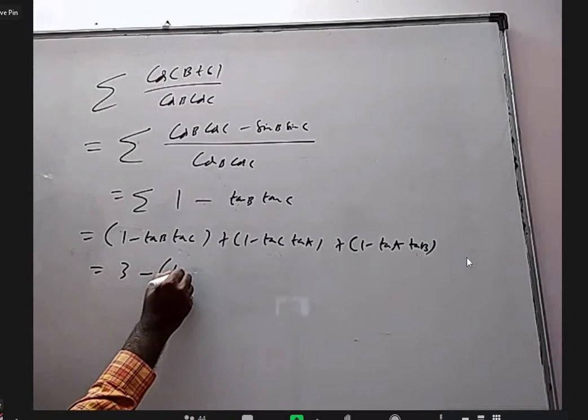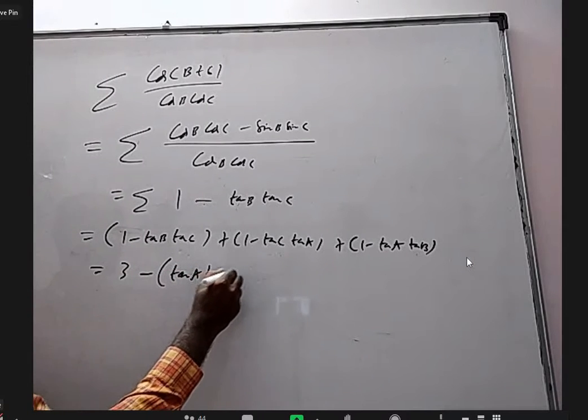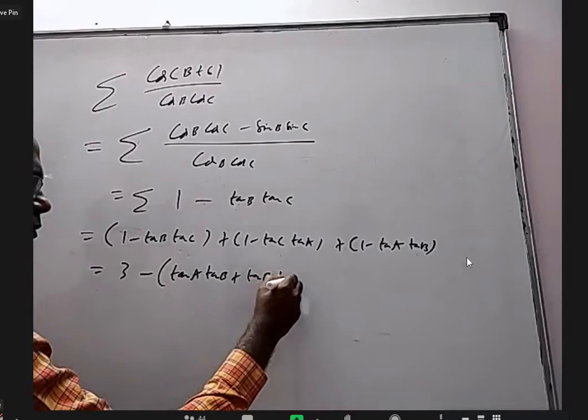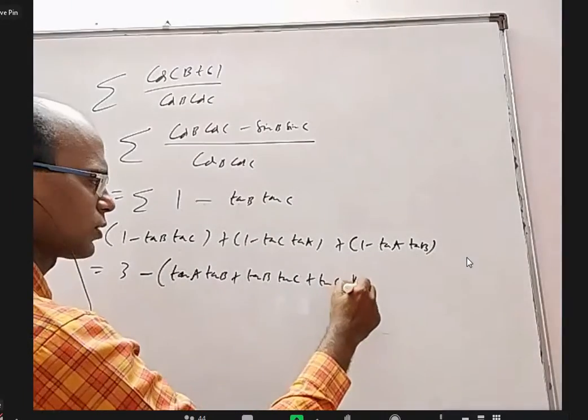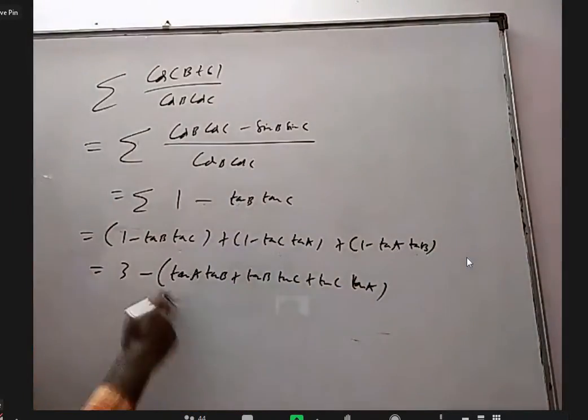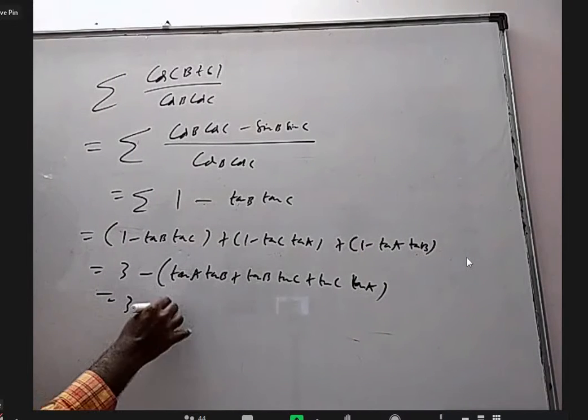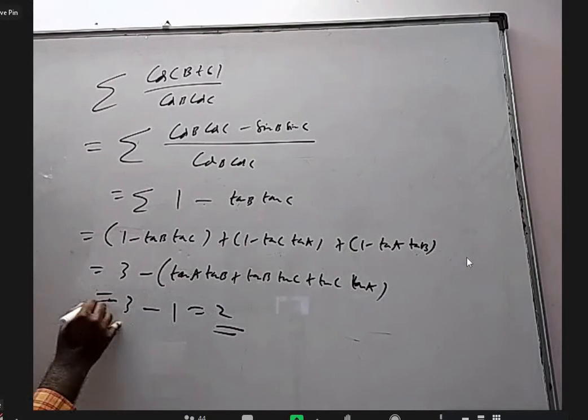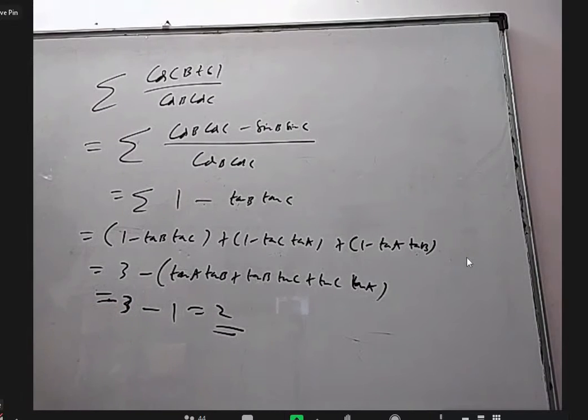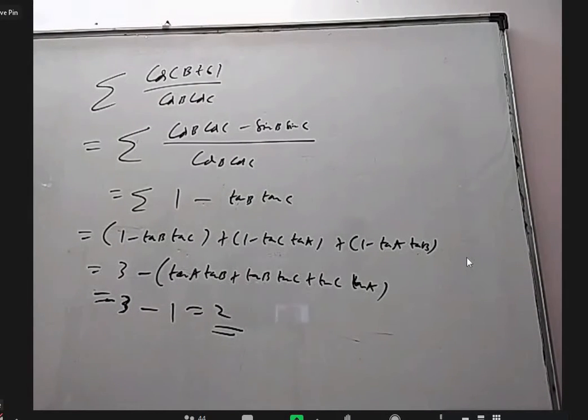You take minus common, you will get tan A tan B plus tan B tan C plus tan C tan A. This is already 1, we proved it either in the A bit or B bit. So 3 minus 1 is 2.